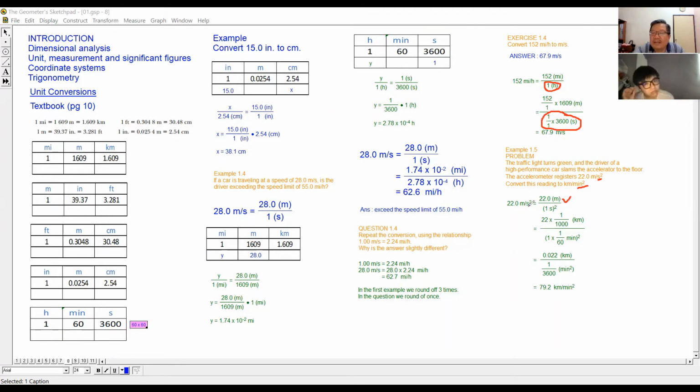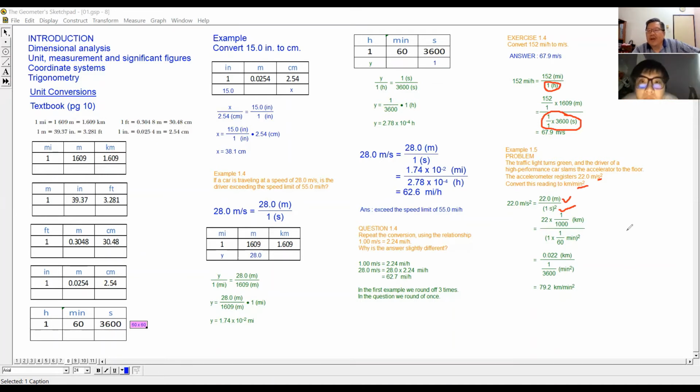Then per second square means it is 1 second bracket square. It's different. It's not linear anymore. It is square. So you have to square both the units and the number. Meaning you have to square the one and also square the unit.